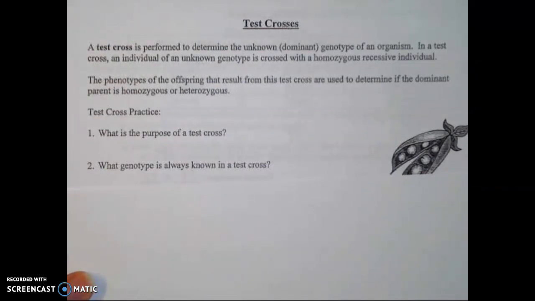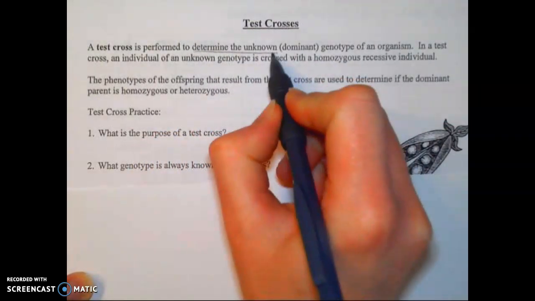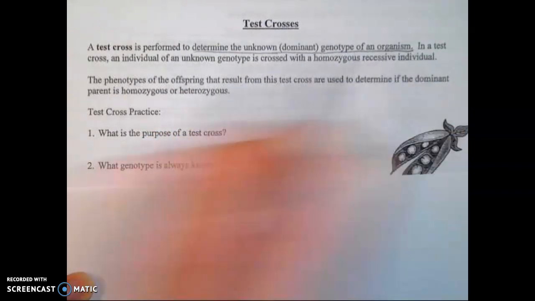So taking a look at our questions here, what's the purpose of a test cross? The purpose is going to be to determine the unknown genotype of an individual with a dominant phenotype.